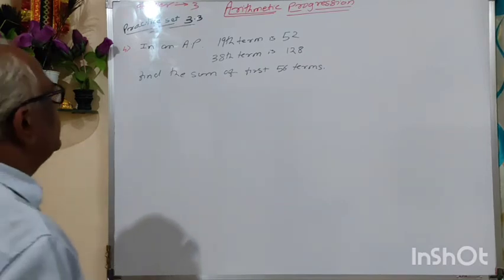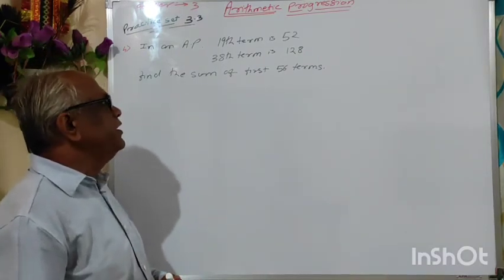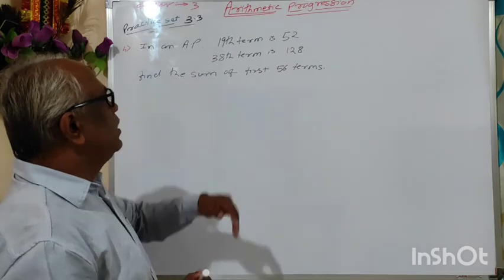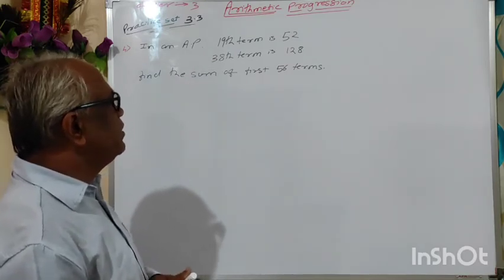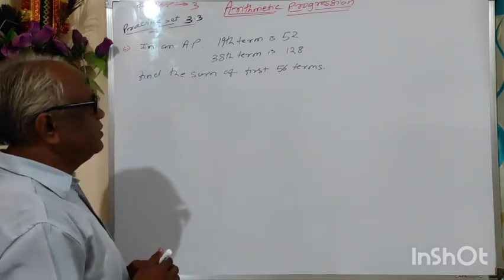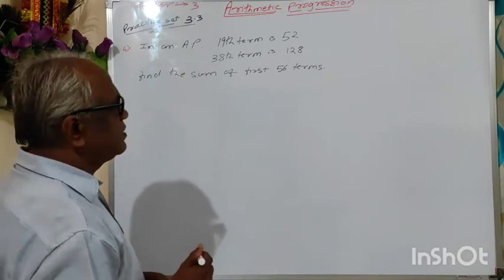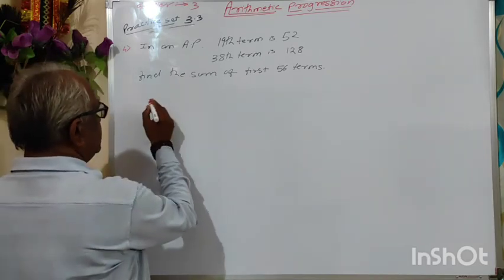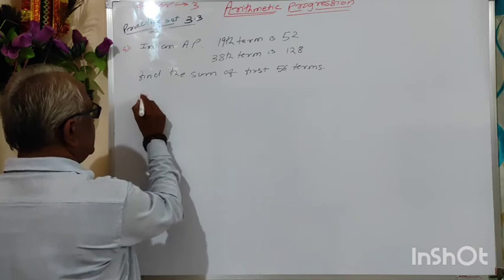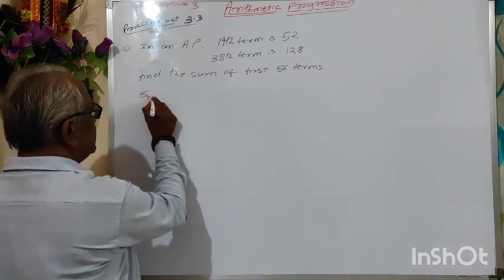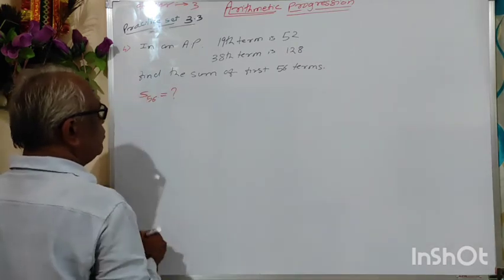Now fourth example: in an arithmetic progression, the 19th term is 52 and the 38th term is 128. Find the sum of the first 56 terms. That is, the sum of the 56 terms means S56 is equal to question mark. This we are going to find.